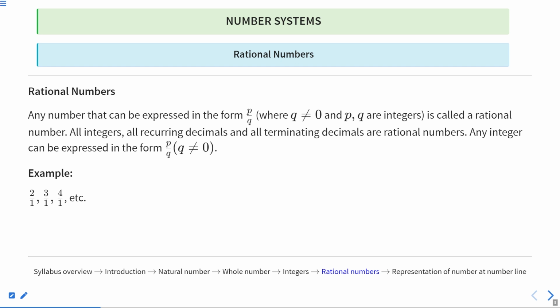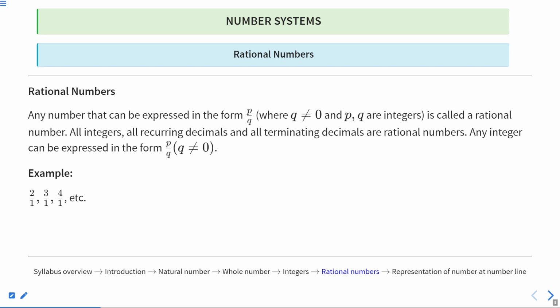All integers, all recurring decimals and all terminating decimals are rational numbers. Note it down.